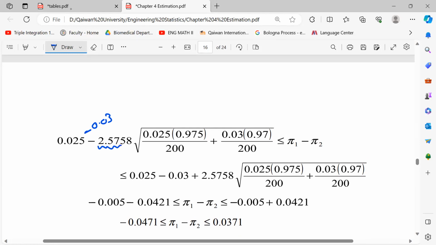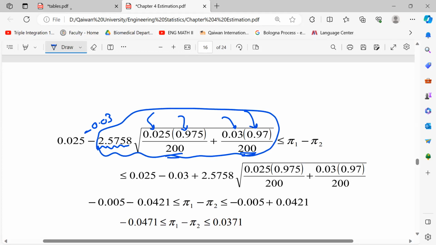Minus Z of alpha over 2, we found this, times the square root of p1 times (1 minus p1) over n1 plus p2 times (1 minus p2) over n2. That's the left-hand side. Calculate this and find this subtraction: 0.025 minus 0.03 is minus 0.005.